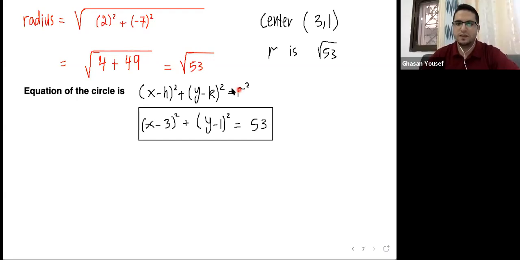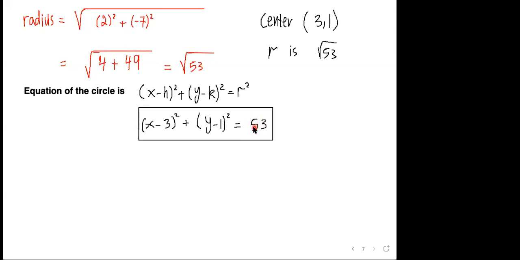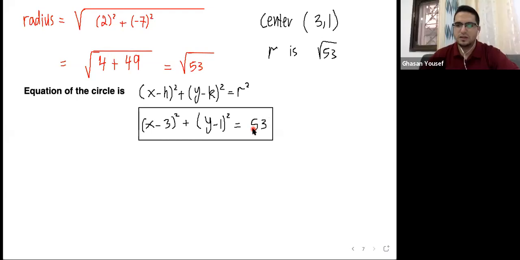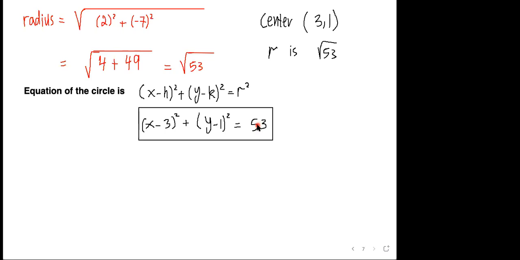If 53 does not have an exact answer, you can keep the radius in the exam as the square root of 53. You don't have to use the calculator to find the square root of 53. Just keep it like square root of 53. Okay, thank you. No problem.